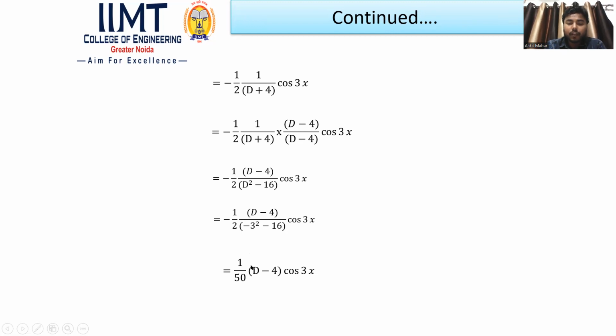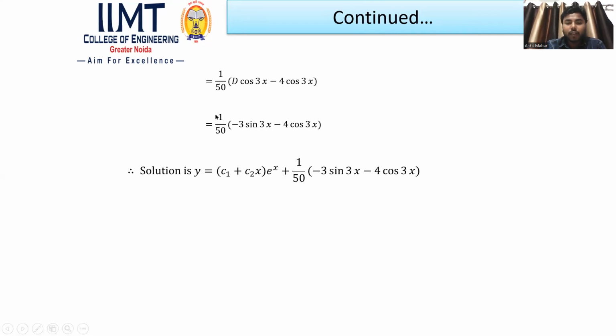So 1/50 (D minus 4) cos 3x. Multiply D with cos 3x and 4 with cos 3x, so we get 1/50 (D cos 3x minus 4 cos 3x). The differential of cos 3x is minus 3 sin 3x, and minus 4 cos 3x. Then the solution is y equals CF plus PI, where CF is (c1 plus c2x) e^x and PI is 1/50 (minus 3 sin 3x minus 4 cos 3x).